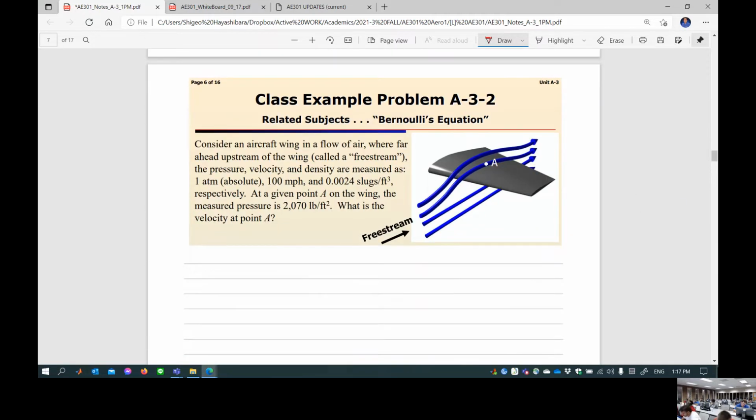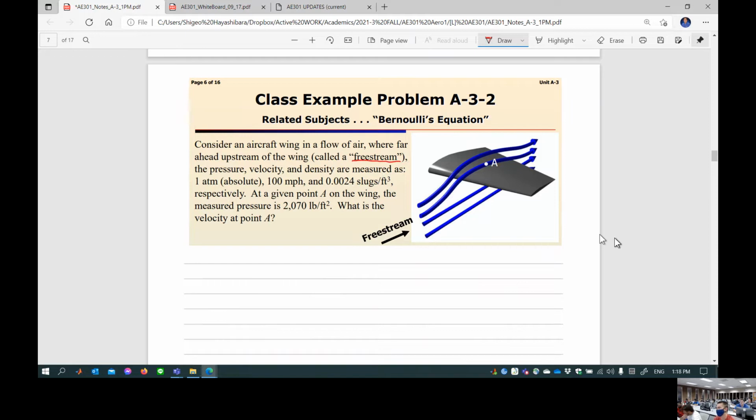Let's start discussing using Bernoulli's equation to solve something real. Consider an aircraft wing in a flow of air, where far ahead upstream of the wing is called the free stream.